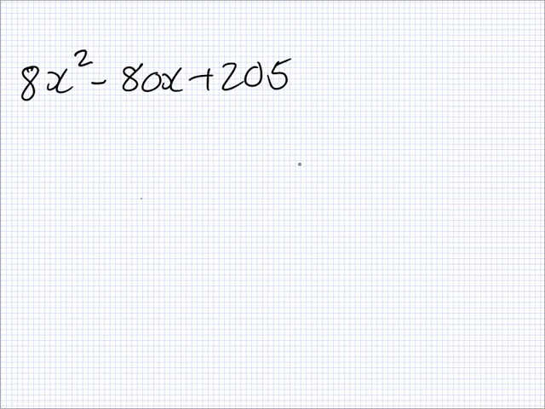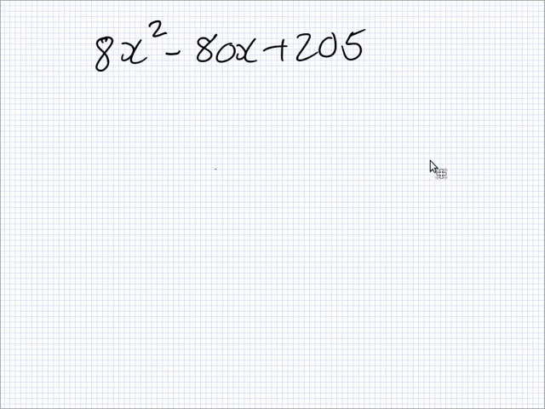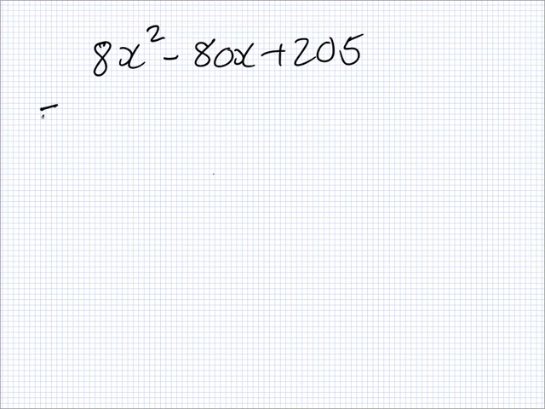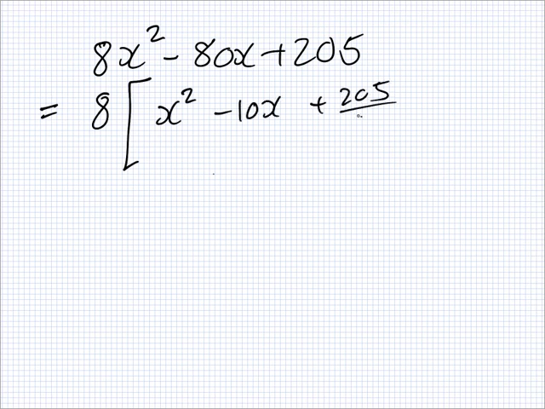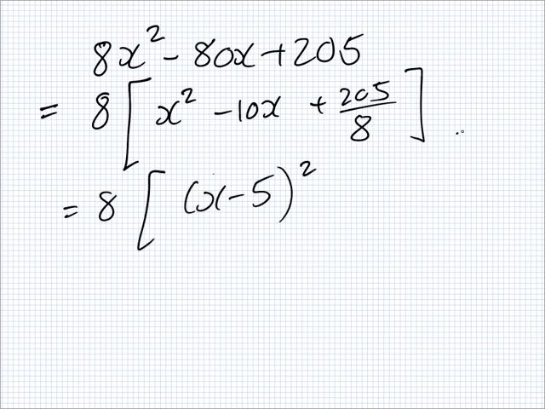But I would like to prove this. I would like to prove that no matter what the value of x, you can put any number in for x, this will always be positive. That's what I want to prove. So how can I prove that? Well, let's see what happens if we complete the square. So this will be 8 bracket x squared minus 10x plus 205 over 8, which will be 8 bracket (x minus 5) squared, and then 205 over 8 minus 25.